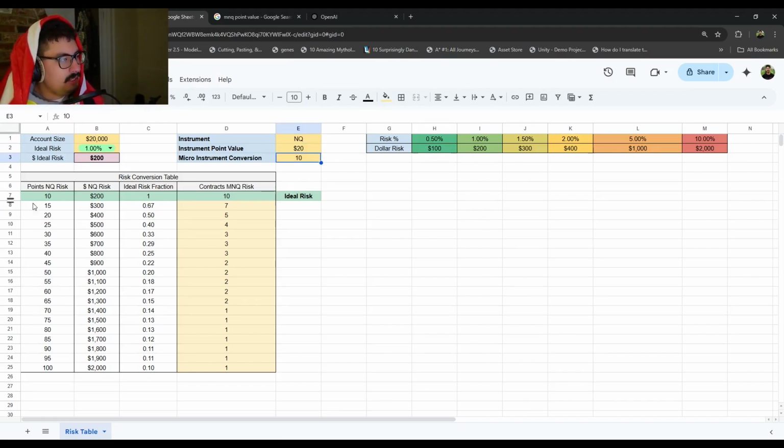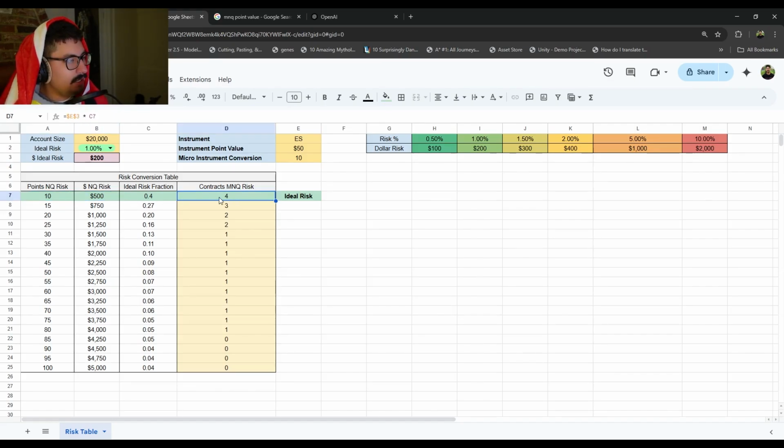But the table uses this to calculate some of this stuff. So let's just say it was ES. ES is $50 a point. You can see it changed. So now it's trying to figure out backwards how to get to 200 from 500.